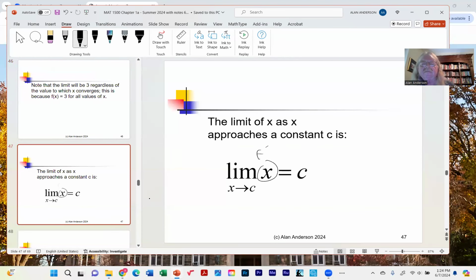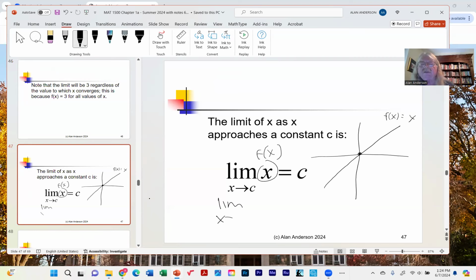Of course, this is the identity function. So let's say c is 0. As I try to approach 0 from the left, f of x approaches 0.